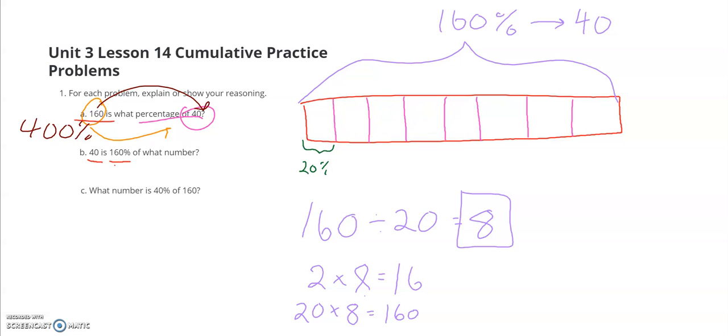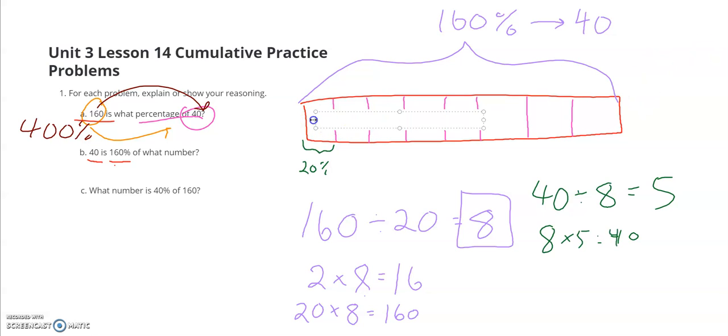Now we need to know if the whole thing is 40, how much is going to go into each piece. So we need to divide 40 into 8 pieces. 40 divided by 8 is 5, because I know that 8 times 5 is 40. That means each one of these is going to be 5. And we're looking for 100%.